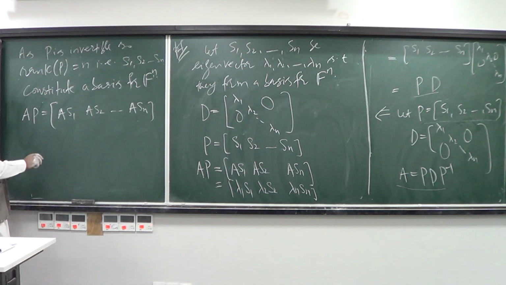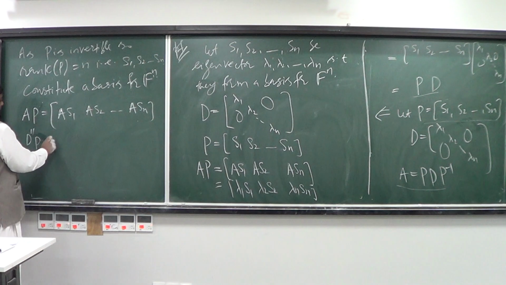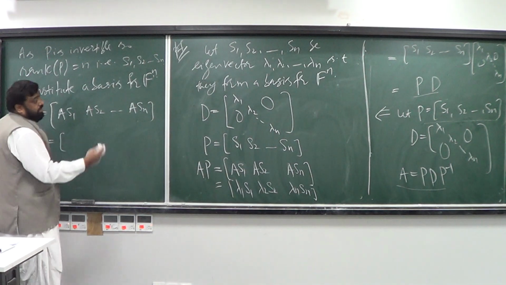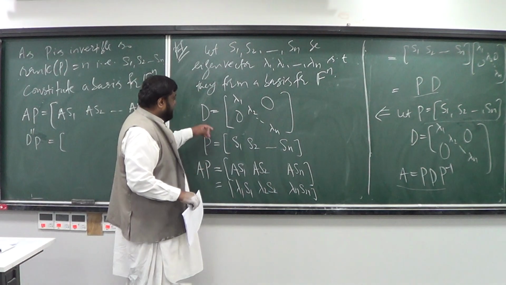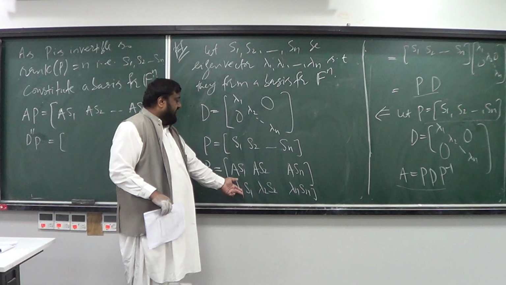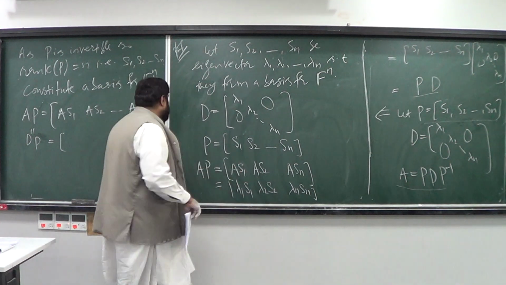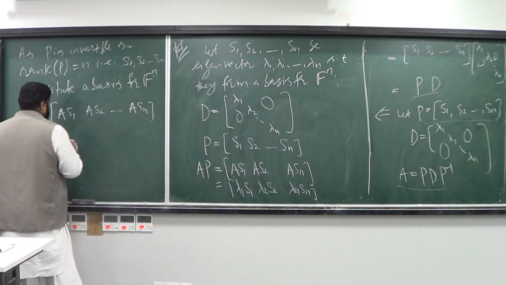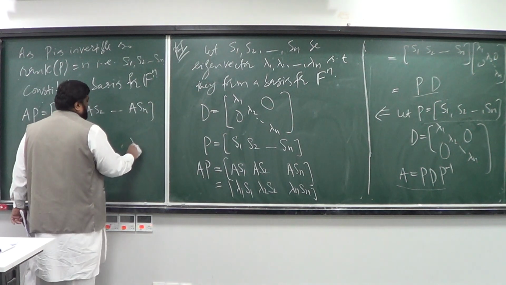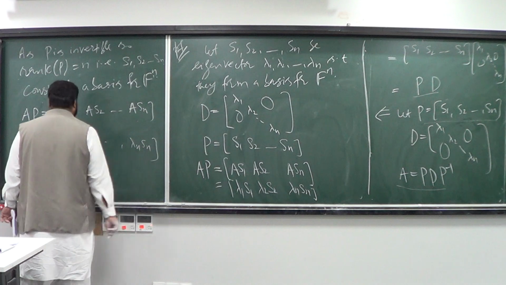And this is equal to PD, where when you multiply the matrices as you did here, you get lambda 1 S1, lambda 2 S2, up to lambda n Sn.